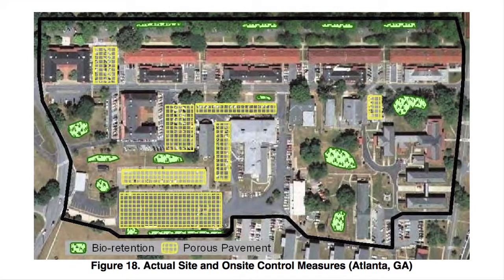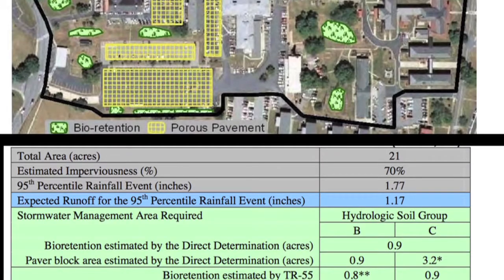Let's look at another project, a 21-acre site with 70% impervious area, this time in Atlanta, Georgia. If the 95th percentile rainfall event, 1.77 inches, occurred on the existing site with no control measures, 1.17 inches of runoff would be generated and require management.